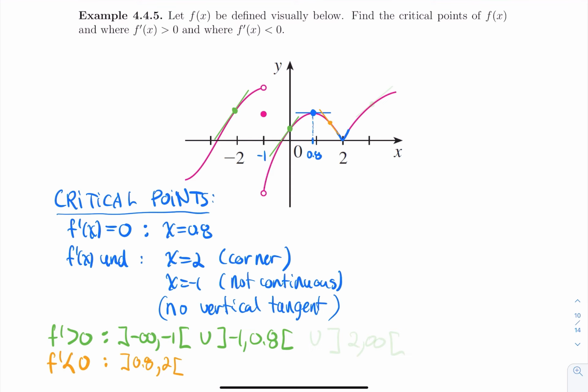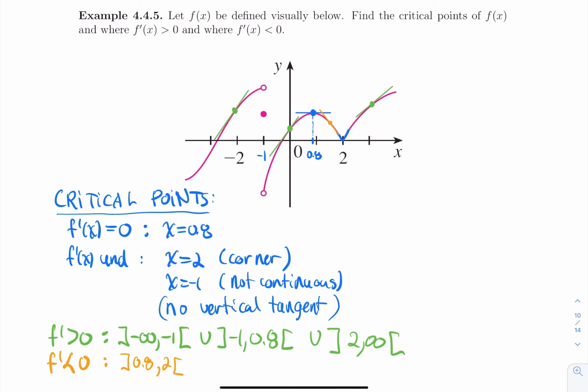And then from 2 to infinity, pick any point here. Any tangent line will be going up. So from 2 to infinity, the slopes of the tangent lines are all strictly positive. And where it's strictly positive, it's increasing. Where it's strictly negative, it's decreasing.